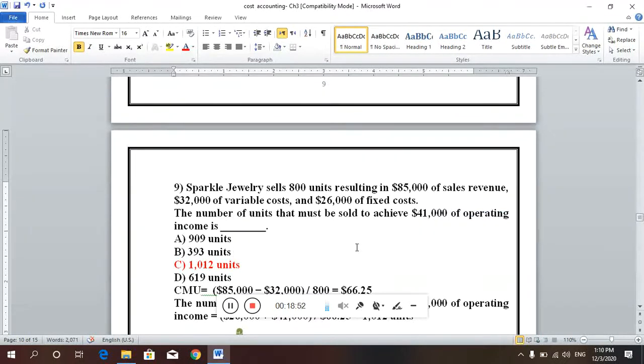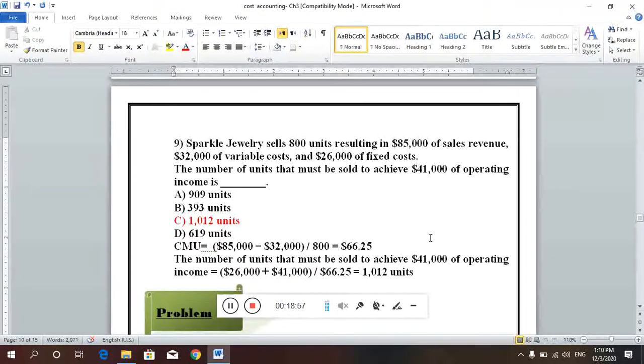It will be equal fixed costs plus the target operating income divided by the contribution margin per unit. So we need here to compute the contribution margin per unit first. The contribution margin per unit will equal sales revenue, which are $85,000 minus variable costs, which are $32,000 divided by 800 units.